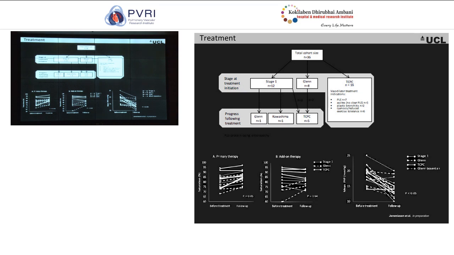At each stage, stage 1, Glenn stage and Fontan stage, and you can see the indications for treatment are there: in the Fontan's protein-losing enteropathy, ascites, plastic bronchitis, so a range of indications.